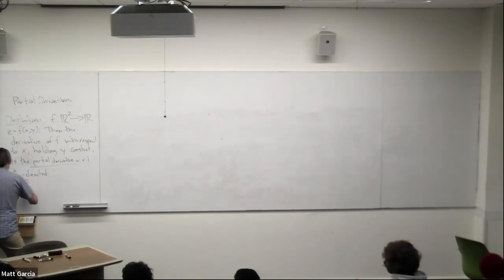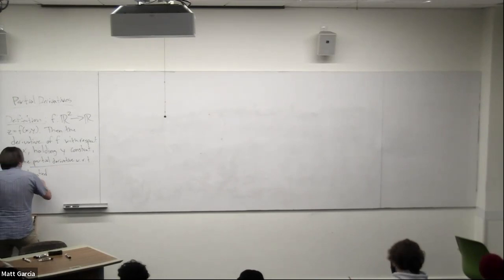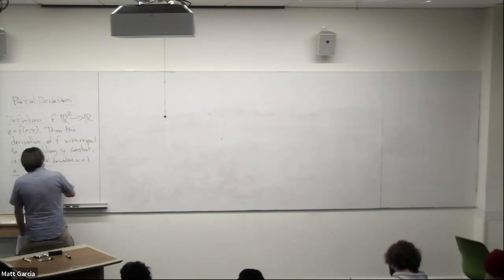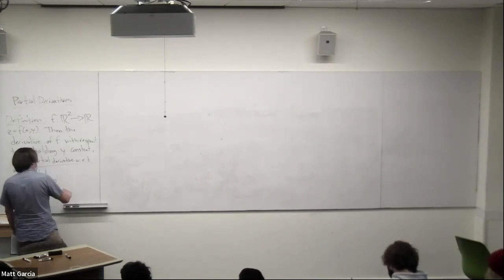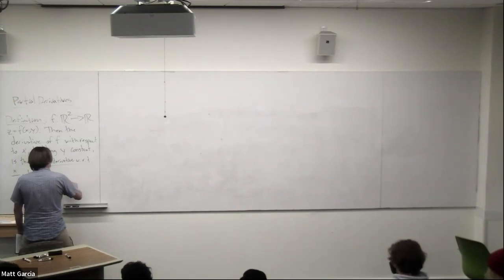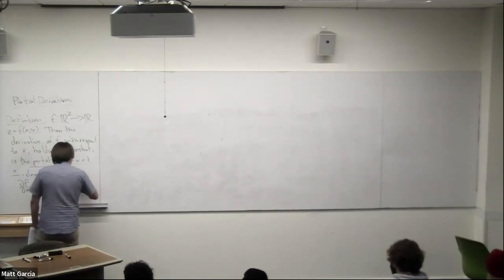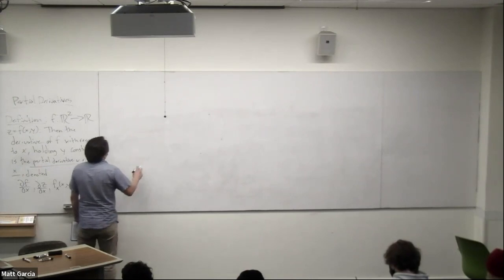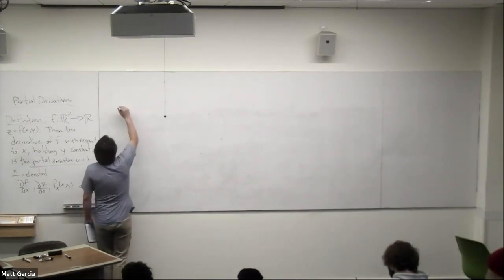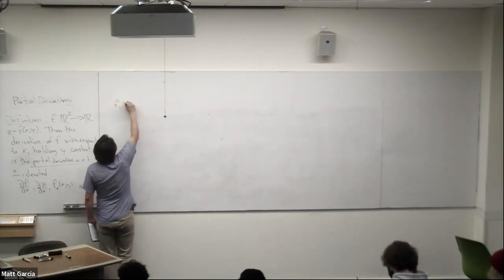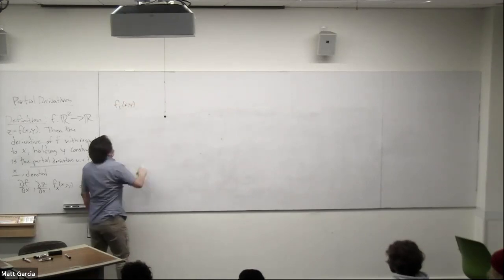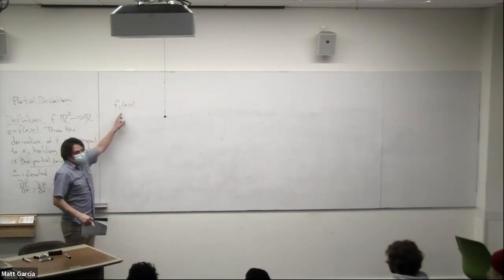partial f, partial x, or we might also say partial z, partial x, or we might also say f sub x of x comma y, or hopefully never, we may see f sub 1 of x comma y, indicating the partial derivative with respect to the first variable.